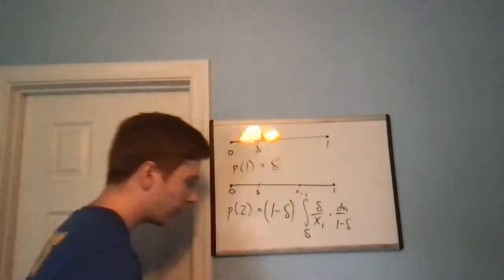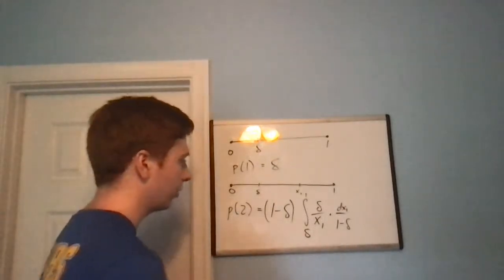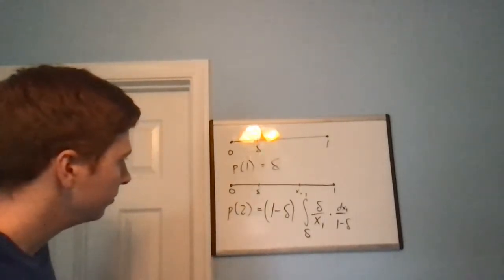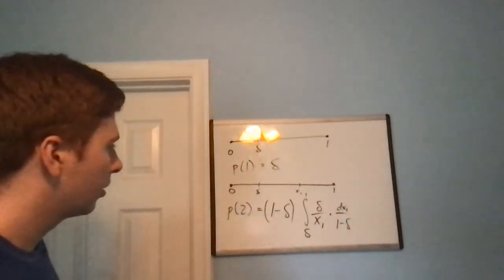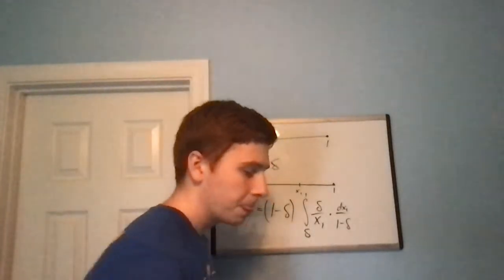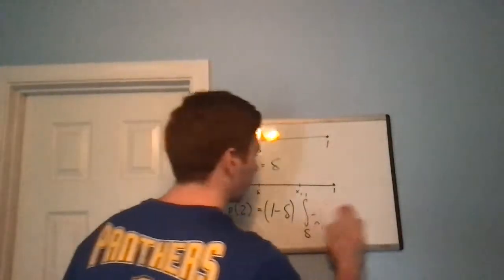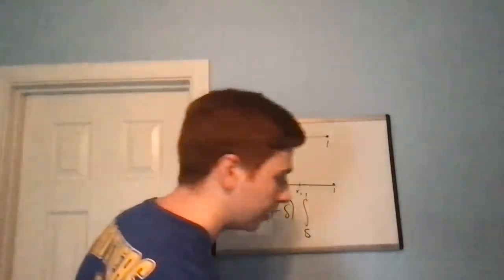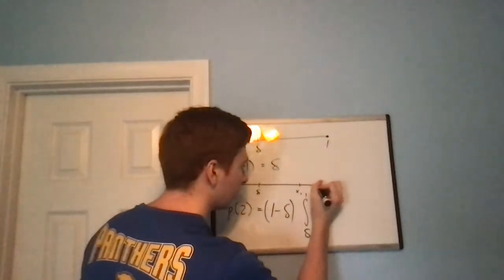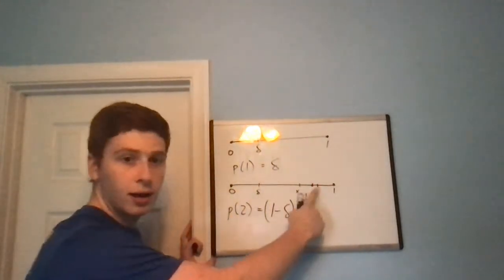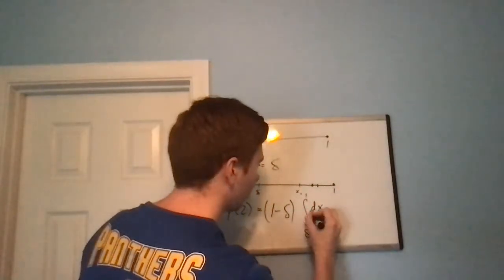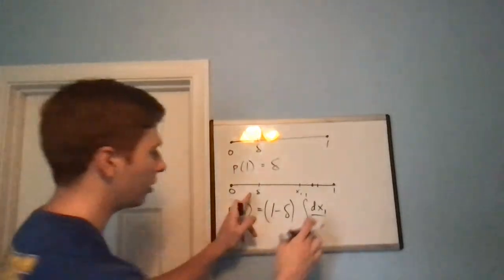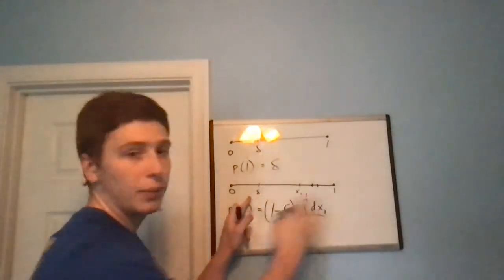Let me rewrite this. The probability that x1 lies in a specific little range of length dx1 between delta and 1: you may think that's dx1 because the interval is 1, but we're looking only from delta to 1, so this is dx1 over 1 minus delta.